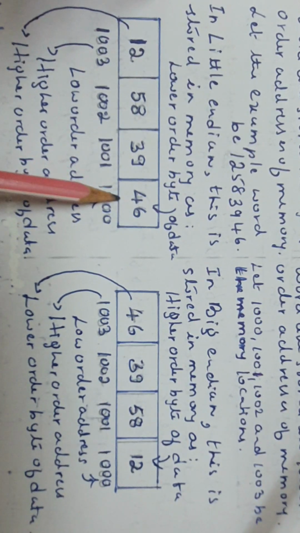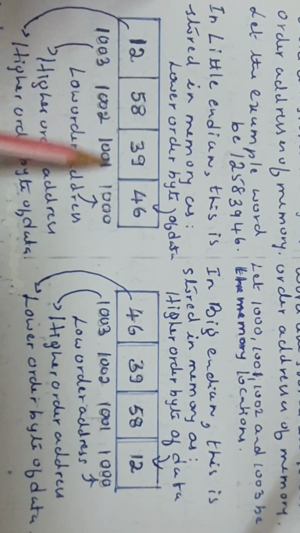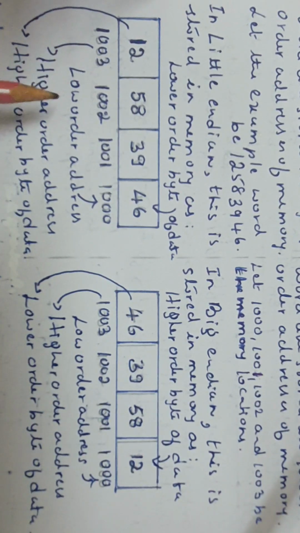This way, these 4 bytes of the word require 4 memory locations. In each memory location, 1 byte can be stored because memory is byte addressable. That is the meaning.